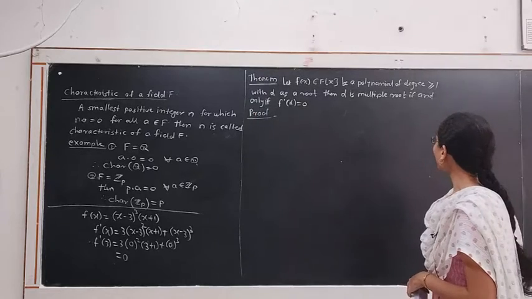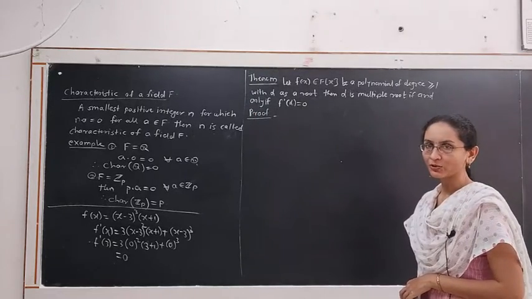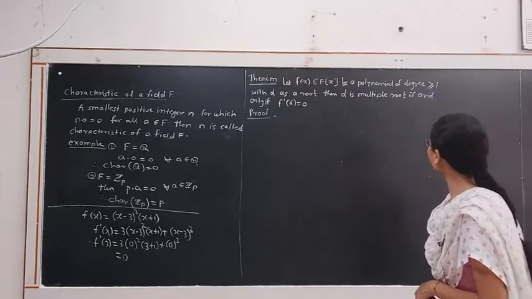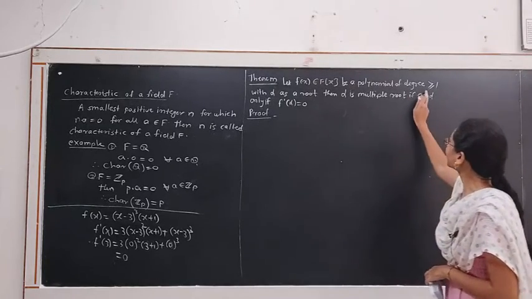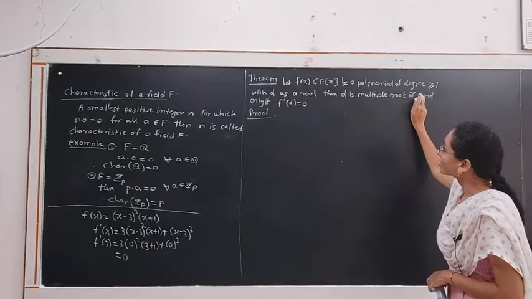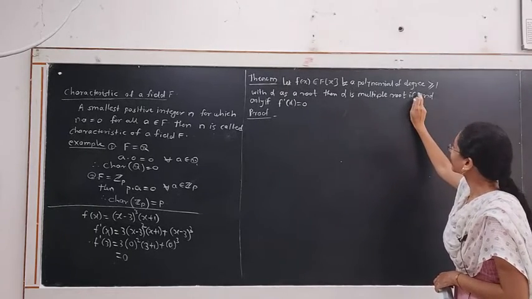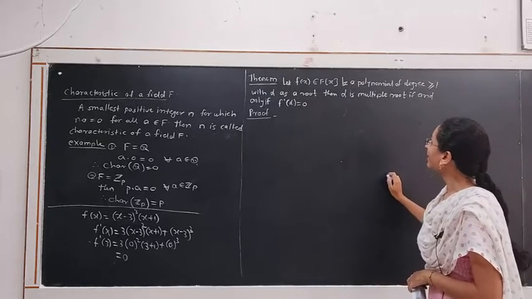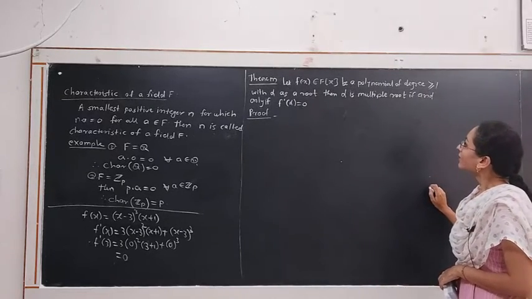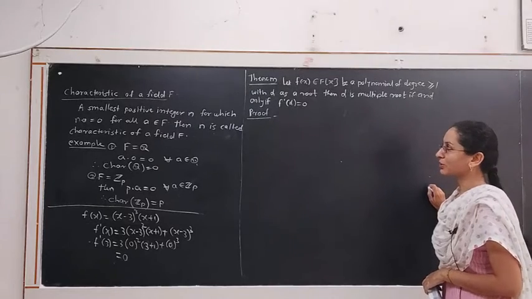Let f(x) be a polynomial of degree greater than or equal to 1. If f(x) has degree 1, and if alpha is a root of the polynomial f(x), then alpha cannot be a multiple root.